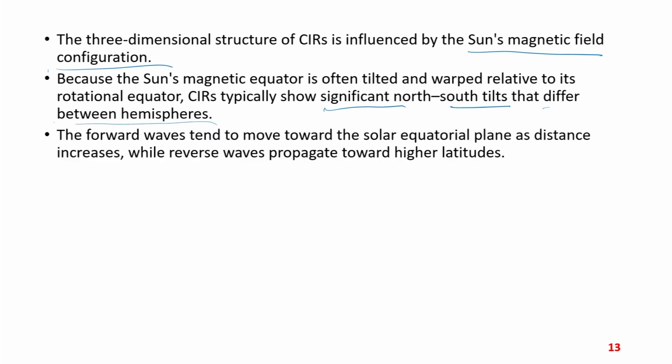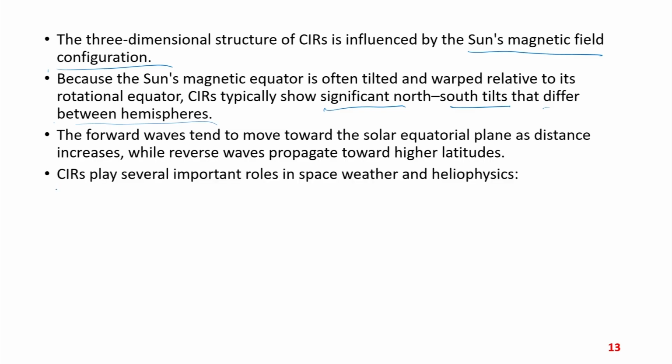The forward wave tends to move towards the solar equatorial plane as distance increases, while the reverse wave propagates towards higher latitudes.